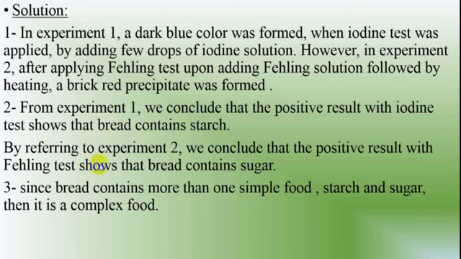By referring to experiment 2, we conclude that the positive result with Fehling test shows that bread contains sugar. 3. Since bread contains more than one simple food, starch and sugar, then it is a complex food.